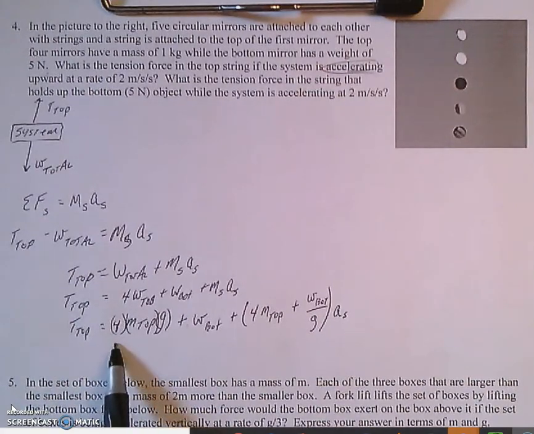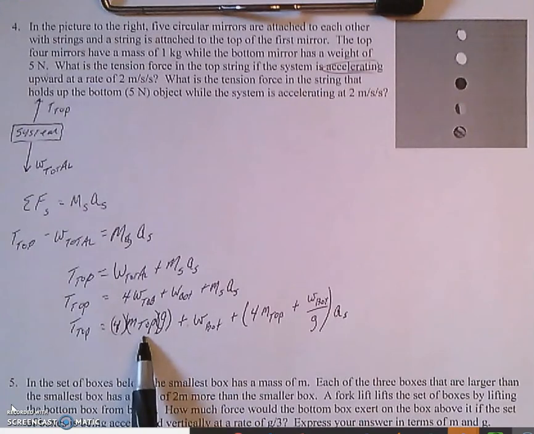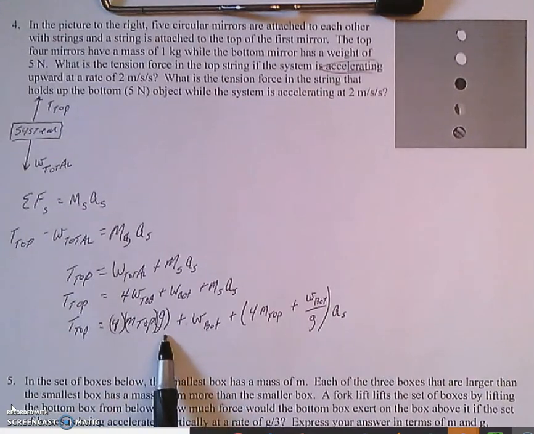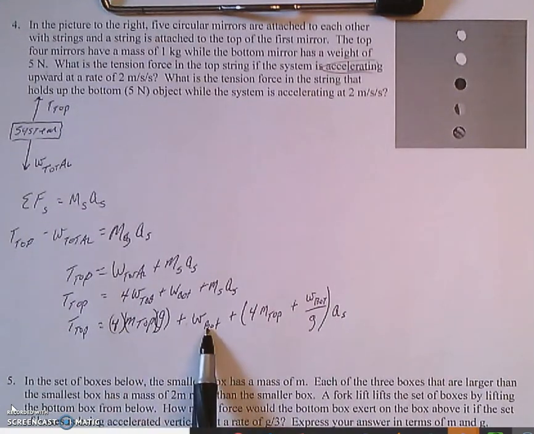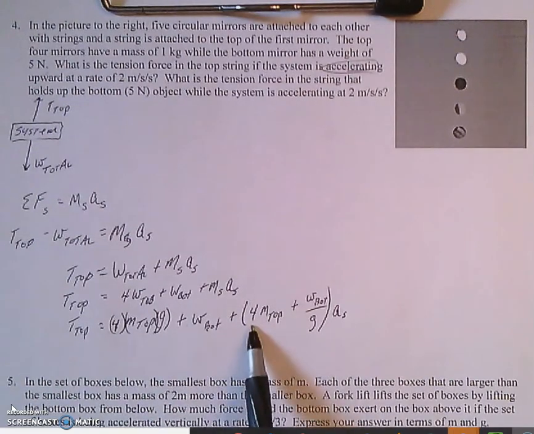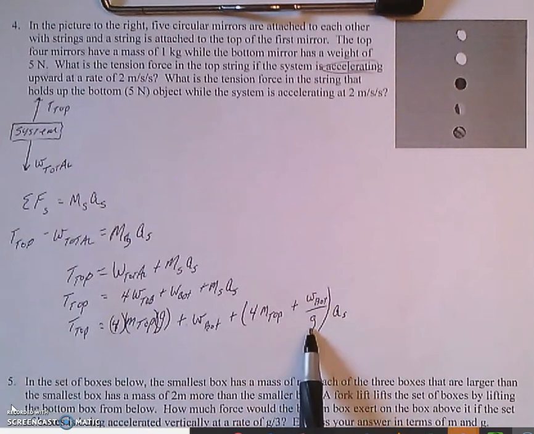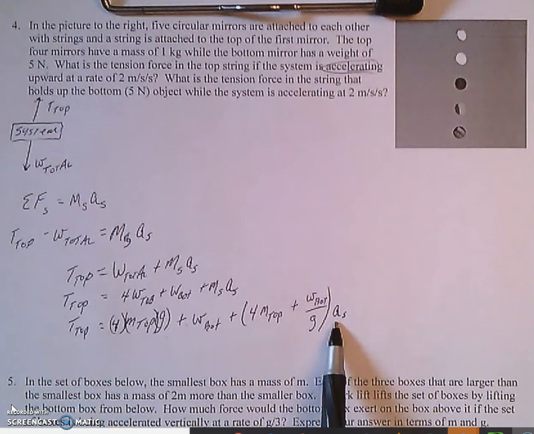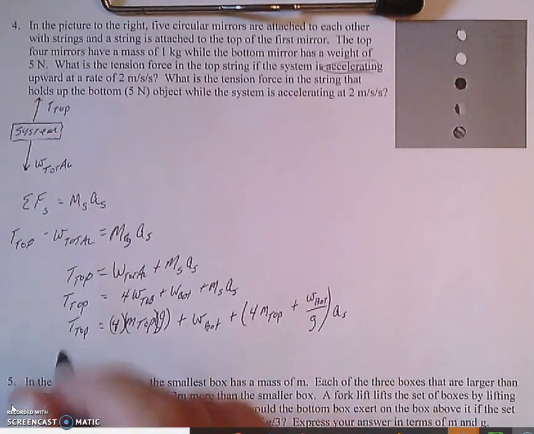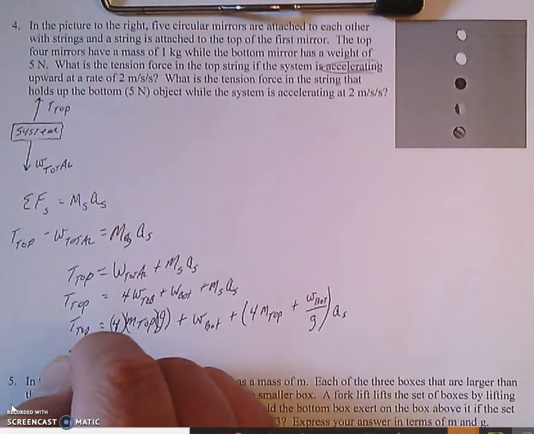We know 4. The mass of the top one is 1 kilogram times 9.8 plus the weight of the bottom, which is 5, plus 4 times 1 kilogram plus 5 divided by 9.8 times the acceleration of the system, which is 2, gives us the tension at the top.